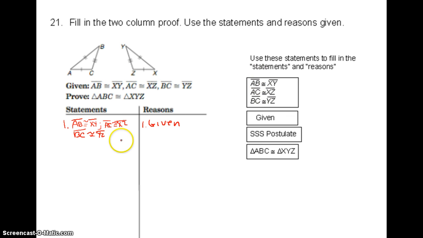All of these, put those down, and the reason given, already use that. If we know that, we can say that triangle ABC is congruent to triangle XYZ, and the reason we can say that is side, side, side postulate. There we go.